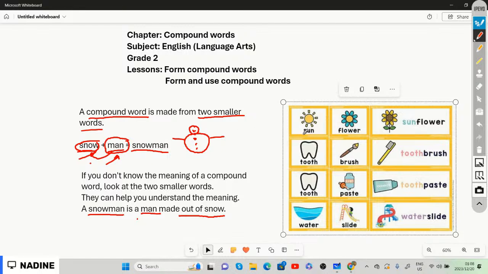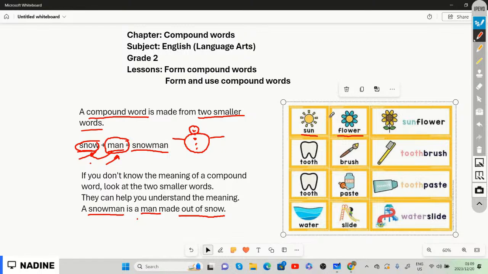For example, we have sun, that ball of heat in the sky, and we have flower, which is a plant.